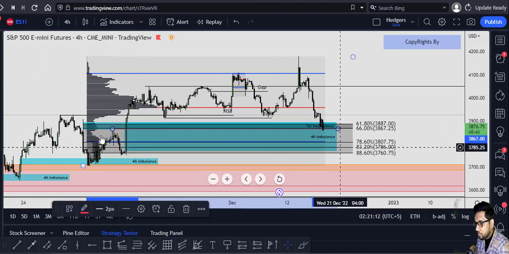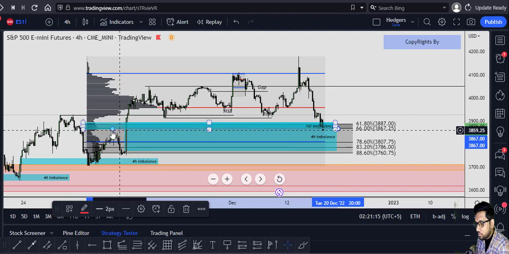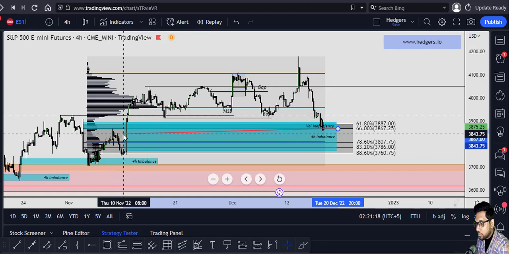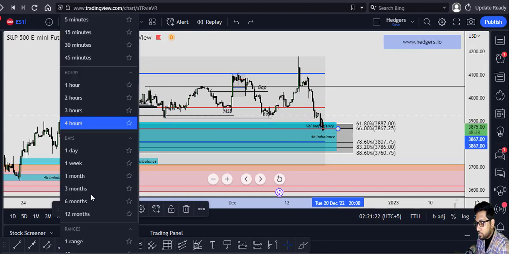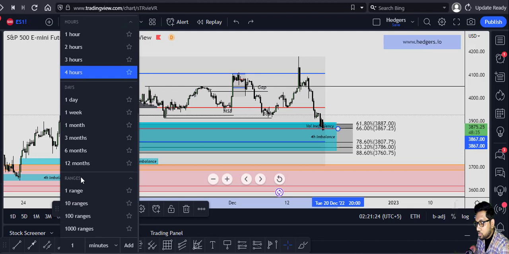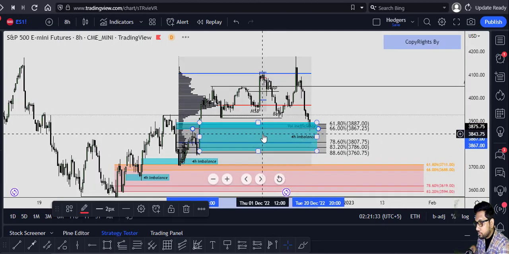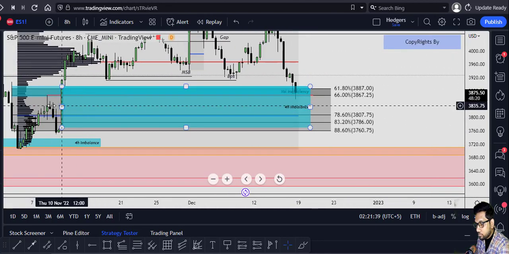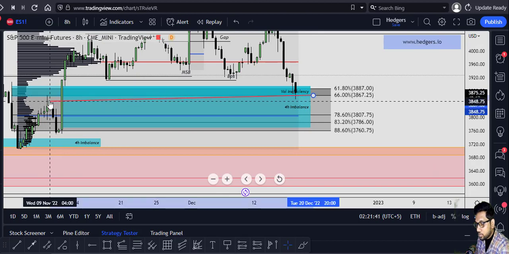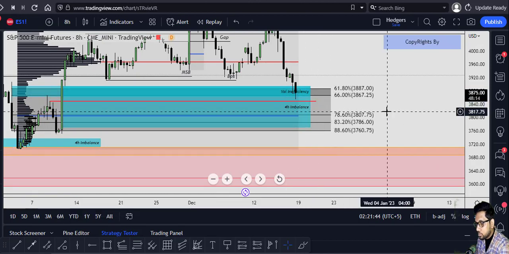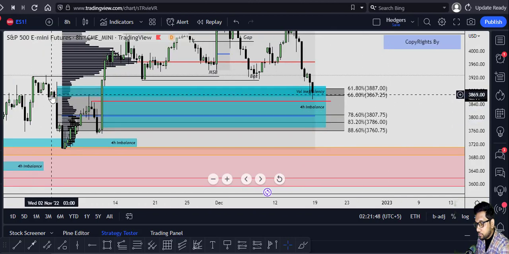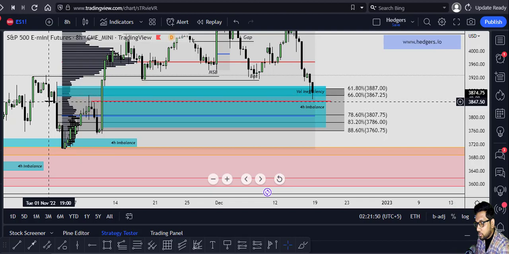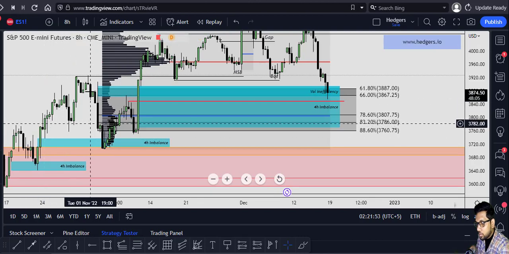Yeah, so change of character can invalidate really quickly, so I'm just taking it from here. And if you just go to this 8-hour time frame, yep. So we can take it from here as well. This is our, can say that it's a breaker.